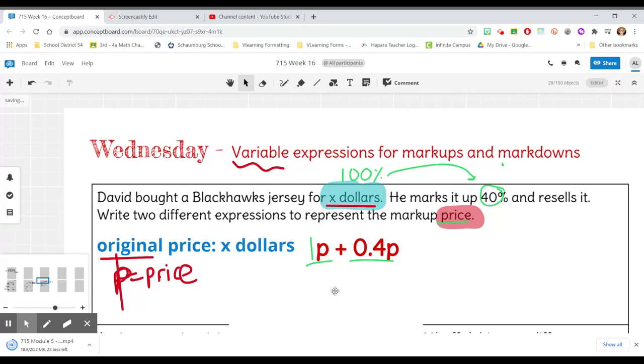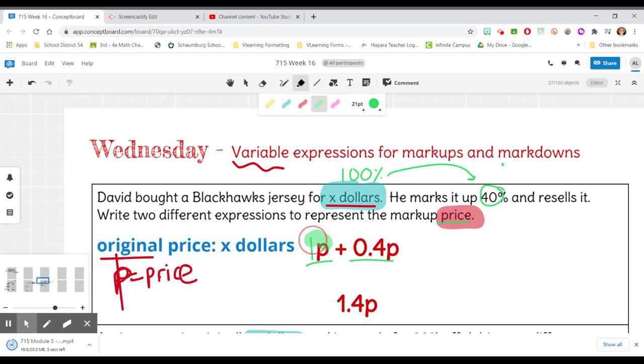Now if we simplify that, that will easily give us our next expression, 1.4P. We know that we can add like terms. We may have learned this in the past, but we're going to explore this more in the next module. But when I have a number in front of P like 1 and a number in front of P like 0.4, I can add those two together to give me 1.4P, which makes sense.